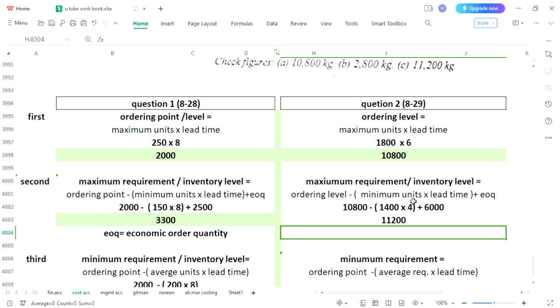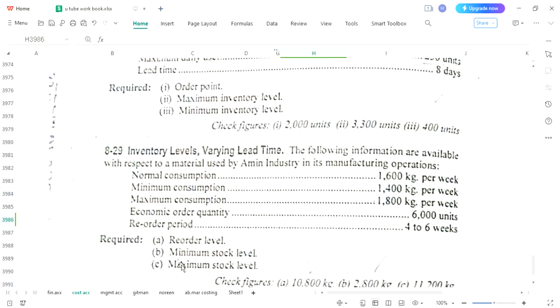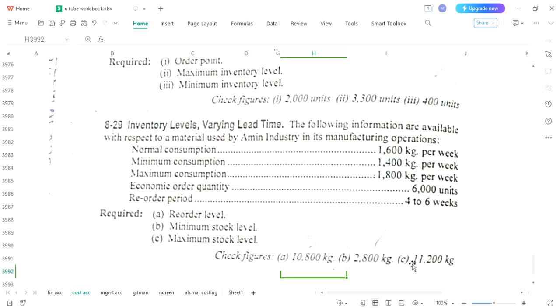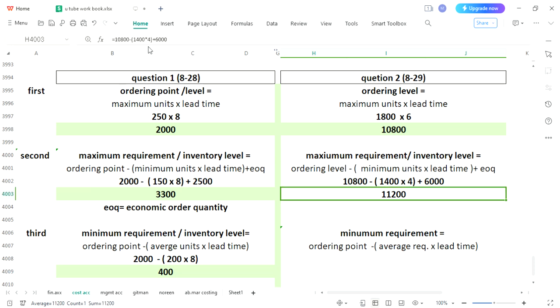Alright guys, you have got the answer, and you can see we have calculated maximum requirement, and maximum was written on C part. Our C part answer is visible over here. C part is 11,200 and we have calculated 11,200. In this way, our second portion of this question has also been calculated. We are marking it as it has been done.